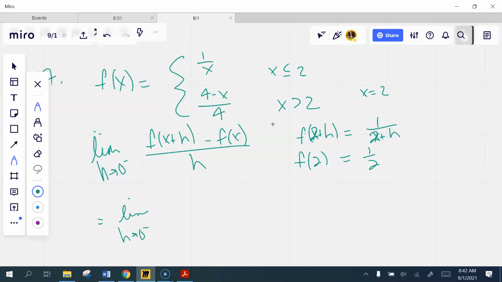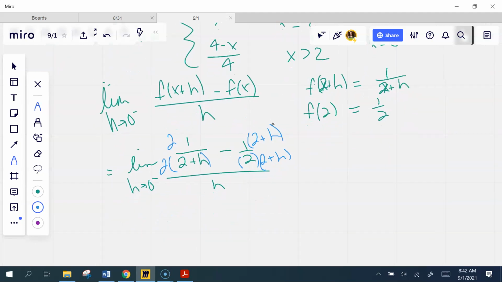From the left, I have 1 over 2 plus h minus 1 over 2, all divided by h. We need common denominators. I'm going to give this one a 2, and this one a 2 plus h. Are we all in agreement here?